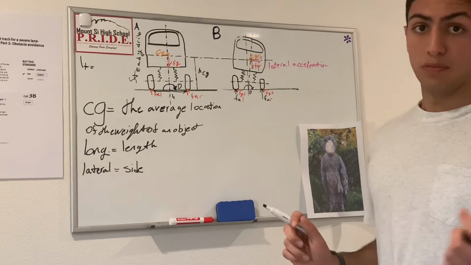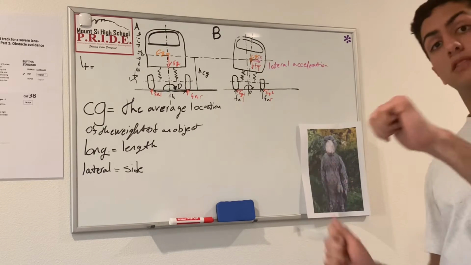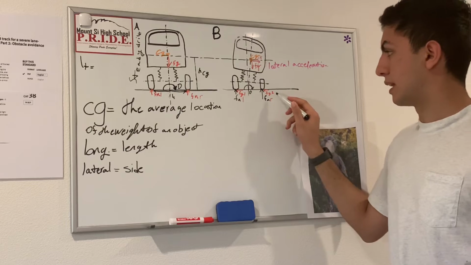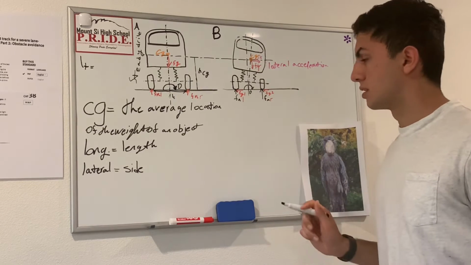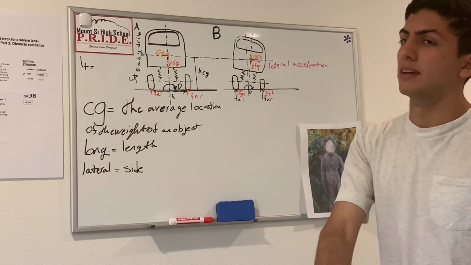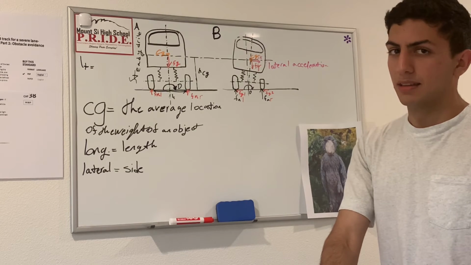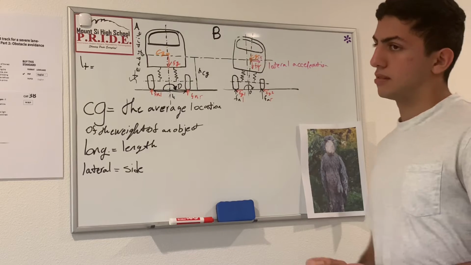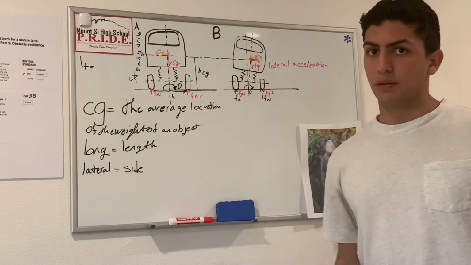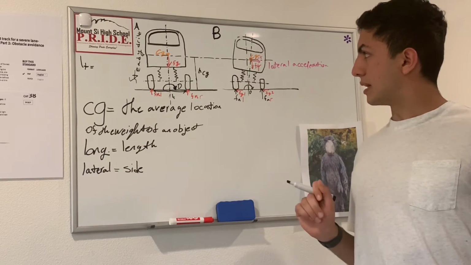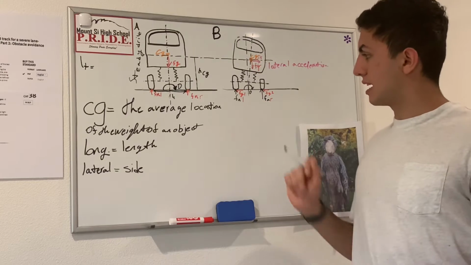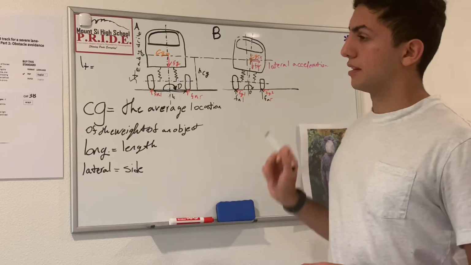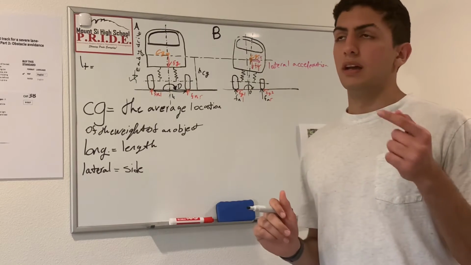Because we have AY, we have two forces that are canceling that acceleration, which means in the y-axis, we're actually in equilibrium. Are we in equilibrium in the z-axis? Yes.